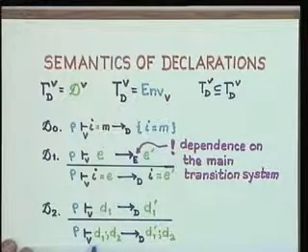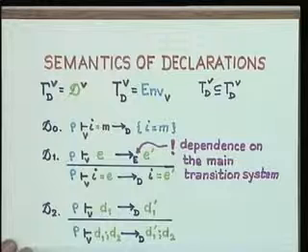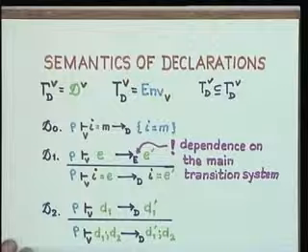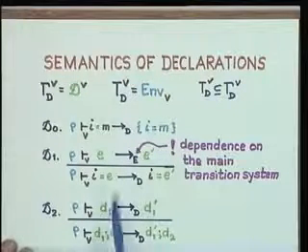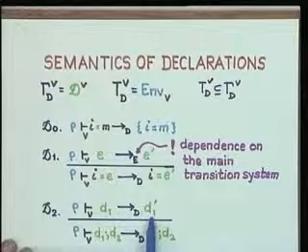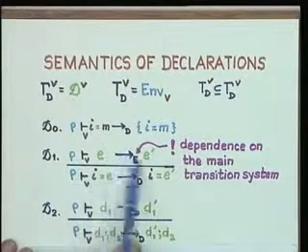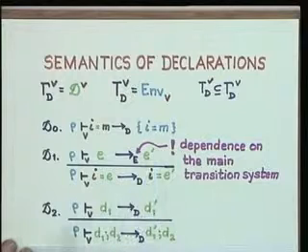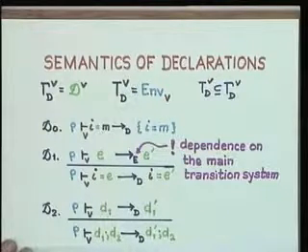If you assume that d1 is just a single declaration of the form x equals some expression, then the movement of d1 to d1 prime is linked to the movement of e to e prime. And again, as we did in the case of expressions, we are looking at left to right sequential evaluations.